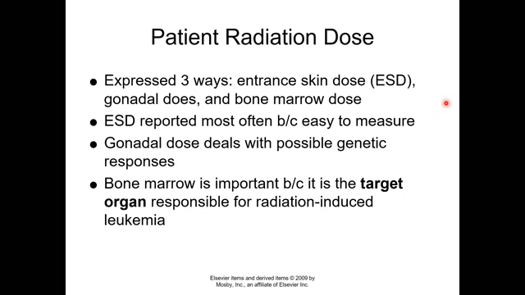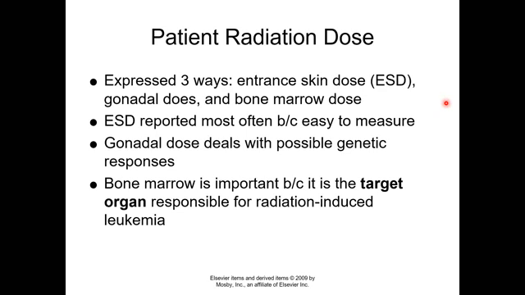The gonadal dose is dealing with genetic issues. So that's the GSD, the genetically significant dose. So anything that has to deal with traits given off to your offspring, that's dealing with your gonads, genetics, or germ cells, in case anybody was curious about that. And then you've got your bone marrow, which is your MMD or your mean marrow dose.